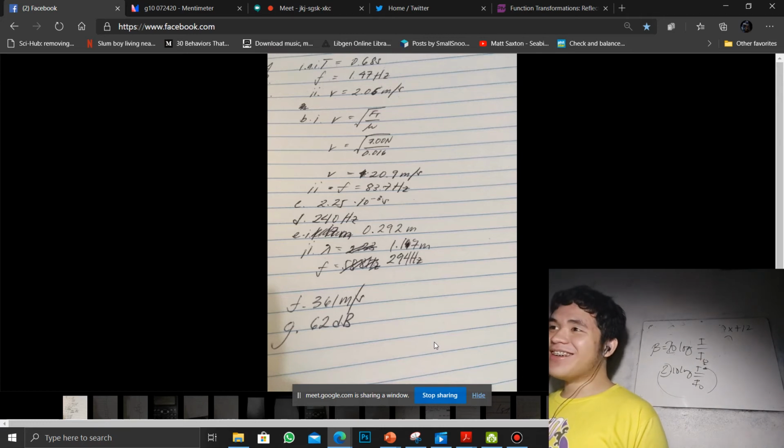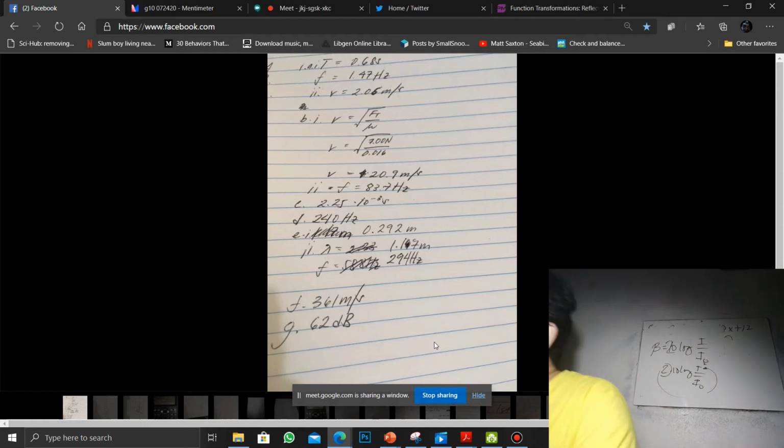Letter B, 20.9. Nako, sayang. Ba't ganun? Ba't square root? Hindi ako nag-square root.